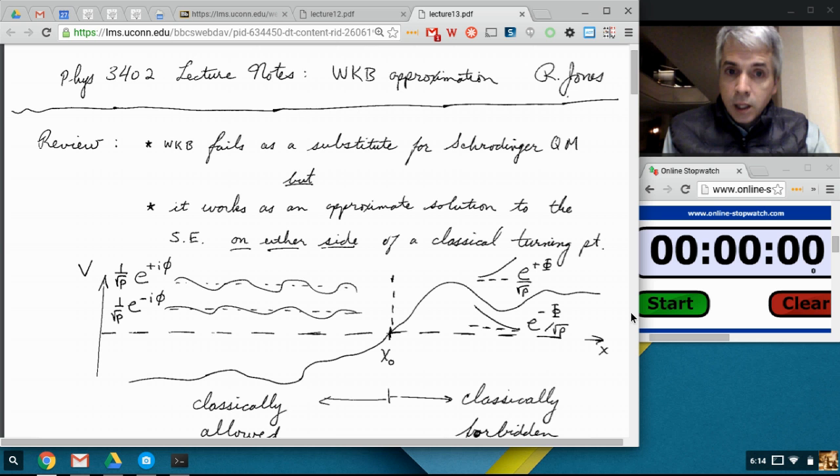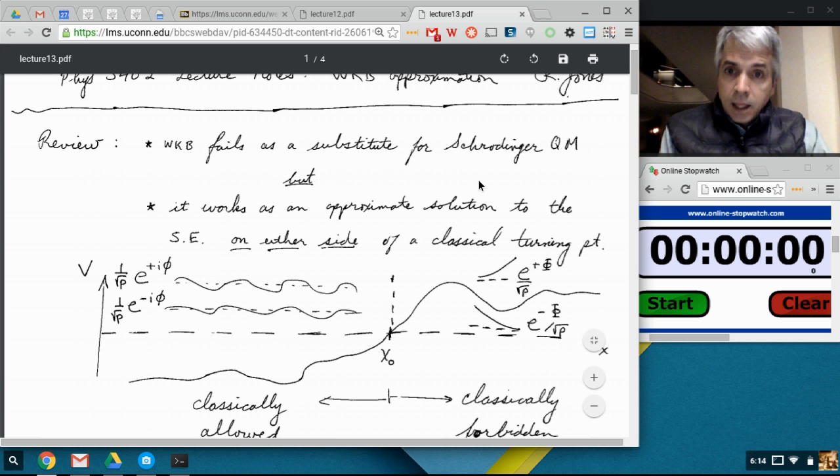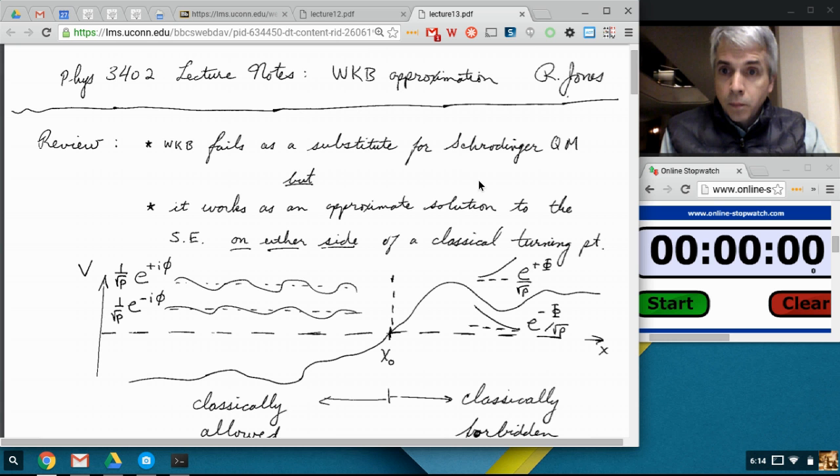So we said earlier that because of certain weaknesses, WKB fails as a substitute quantum mechanics, but it can work in appropriate locations in space as an approximate solution to the complete Schrodinger equation wave function.